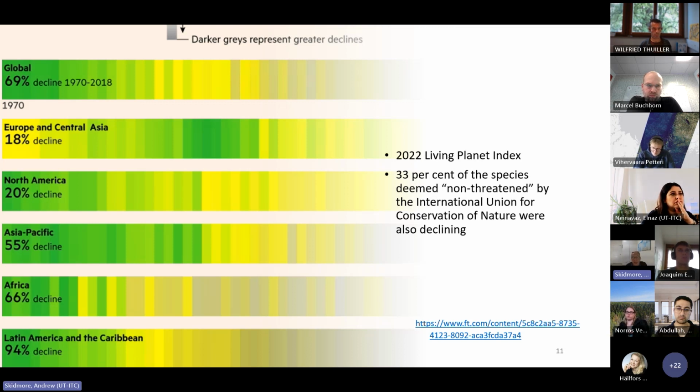But we can also start to look at how that decline is happening over time by different regions. And you get some very different patterns emerging from this Living Planet Index when you look at it by region and time. Well, you see globally the decline is fairly constant. The darker greys represent greater declines.